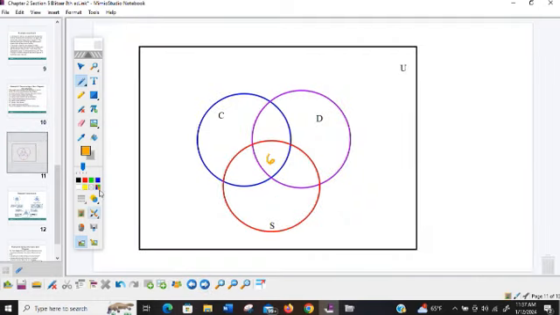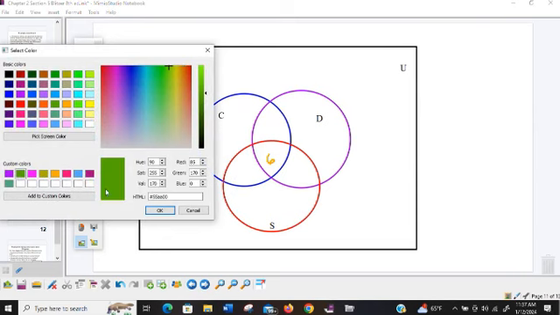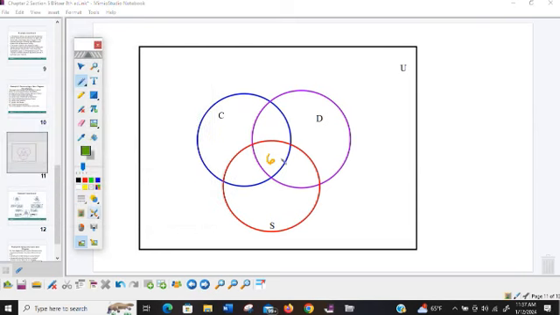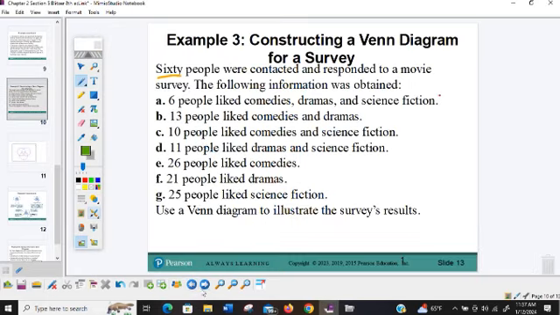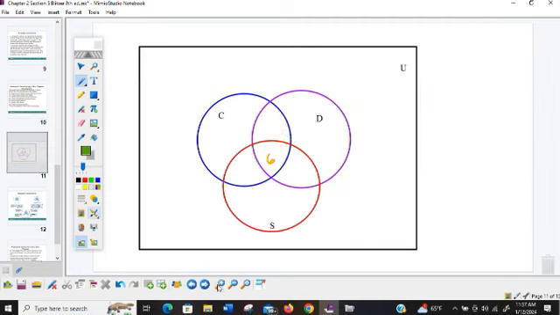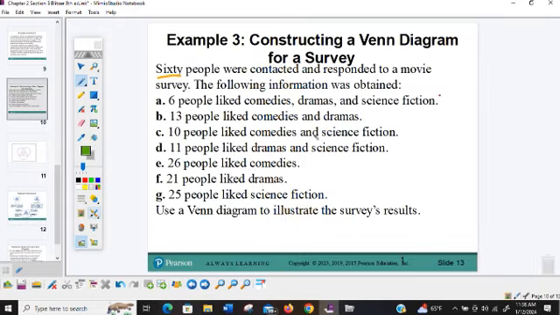Now, once we have the middle, let me get a different color here. We are now going to work on the ones that like 2. We're going to work our way out. The next one says 13 people like comedies and dramas. Here's my comedies, here's my dramas. Between these, I need 13 people. I have 6. I need 7 more. Let's go back. 10 people like comedies and science fiction.